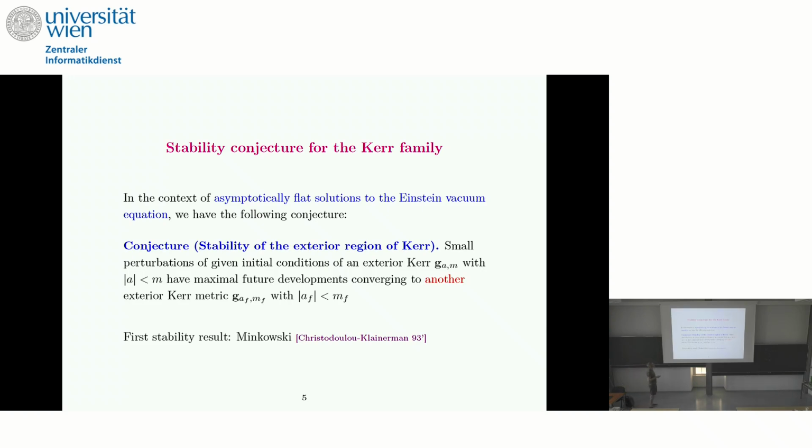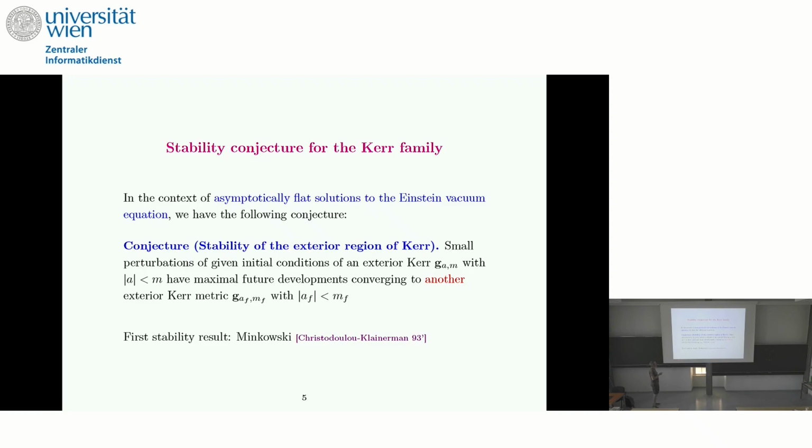Okay, and then the statement is that if you take a small perturbation of a given initial condition of an exterior Kerr under the so-called subextremal restriction, so absolute value of a is strictly less than M, then your solution is global, it's globally close to Kerr, and it converges in the limit to another member of the Kerr family with, in general, a different final mass and final angular momentum. And of course, tracking the final parameters is part of the problem.